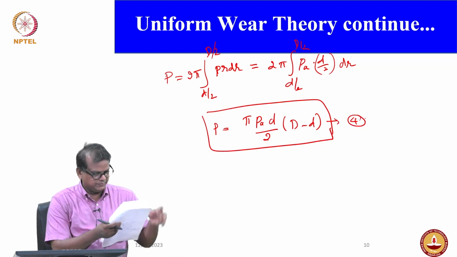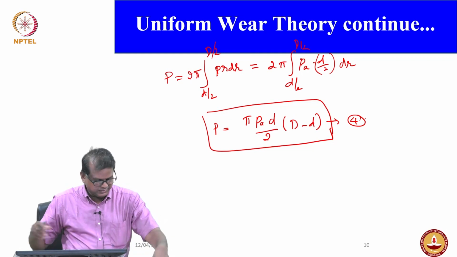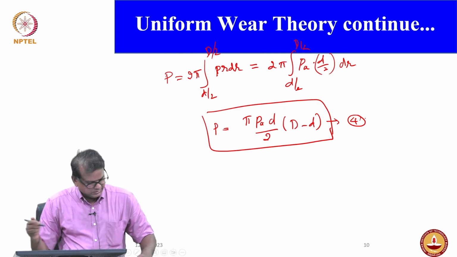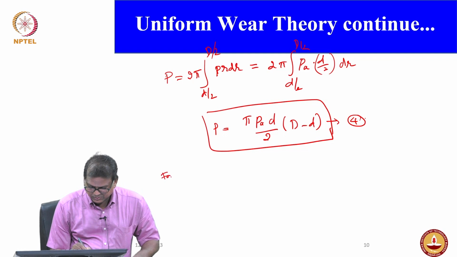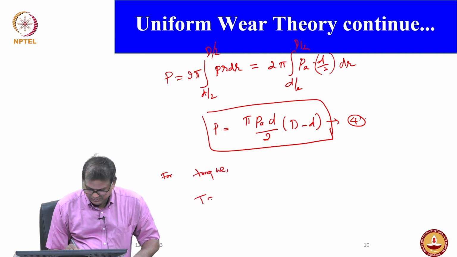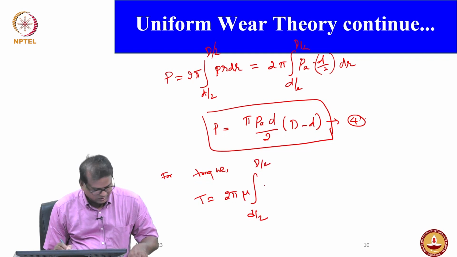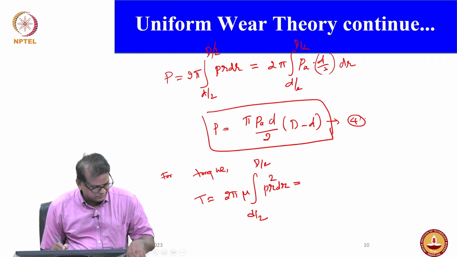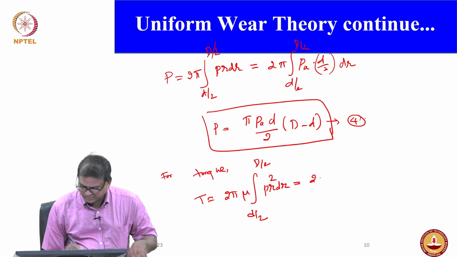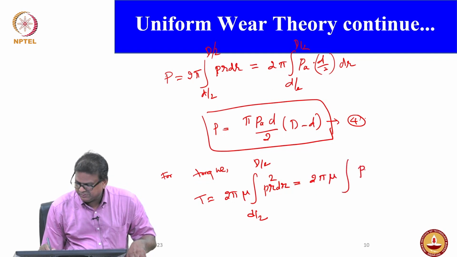Similarly, for torque, T equals 2 pi mu, this is your standard equation. So substitute this here. 2 pi mu is the constant, whereas the variable will be p_a.